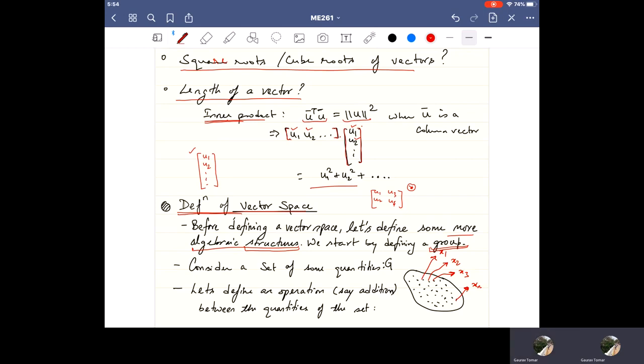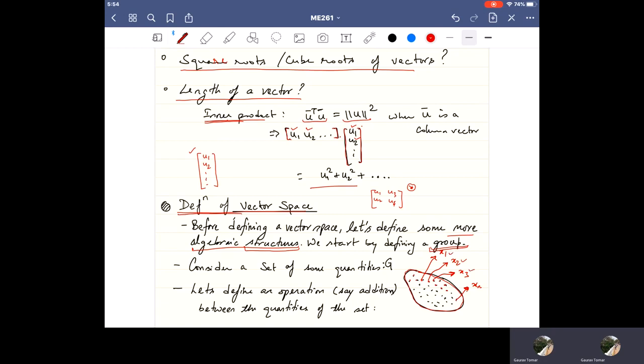Now, consider a set. I will represent the set like this, I'm creating a set, like a Venn diagram. And elements are placed in the Venn diagram somewhere, like there are these elements of the set, x1, x2, x3, x4.